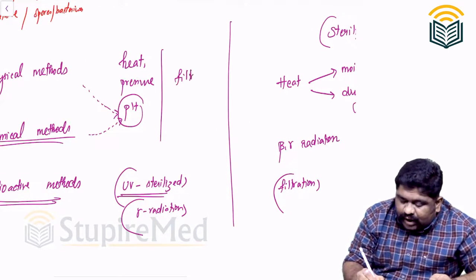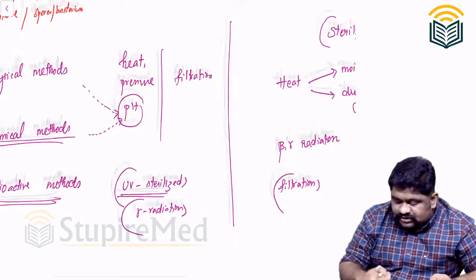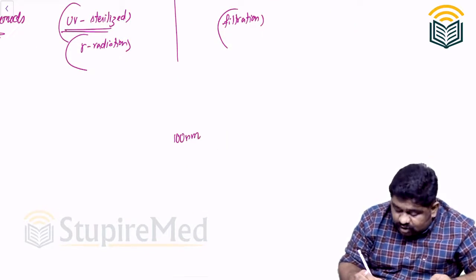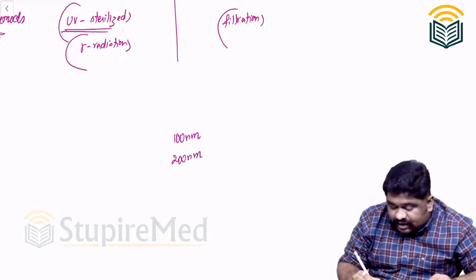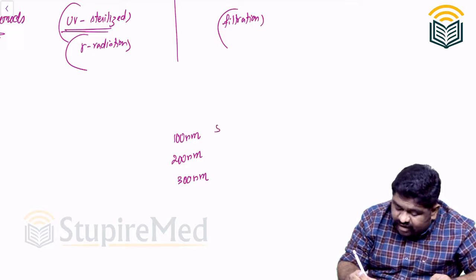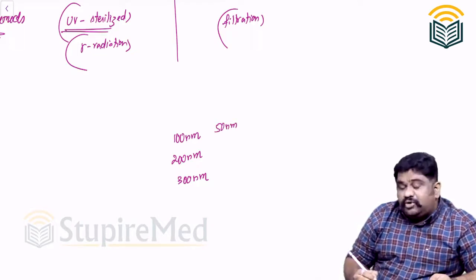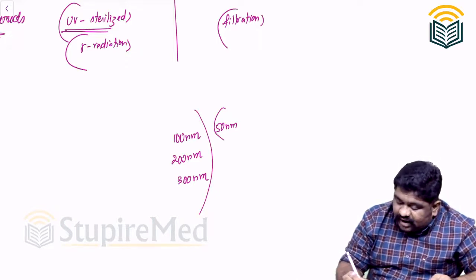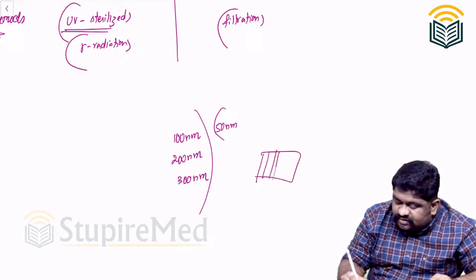For example, you have a mixture of microbes. A microbe is 100 nanometer in size. Another microbe is 200 nanometer in size. Another is 300 nanometer in size. Another is 50 nanometer in size. If I want to separate this 50 nanometer from all the others, say I have a filter whose sieve diameter is 75 nanometers.